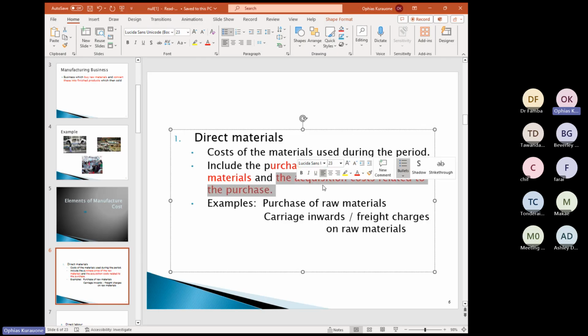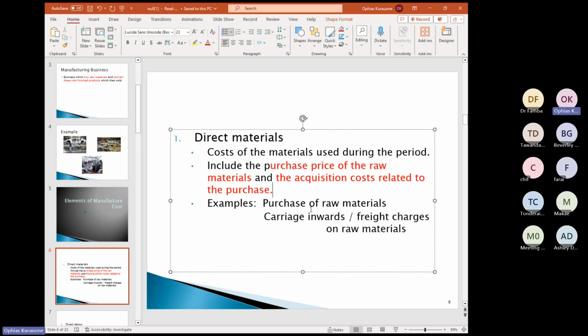Sometimes you are talking about carriage inwards. The cost of bringing that item, those raw materials, into use is part of our assets, so that is the acquisition cost. Example: purchase of raw materials.